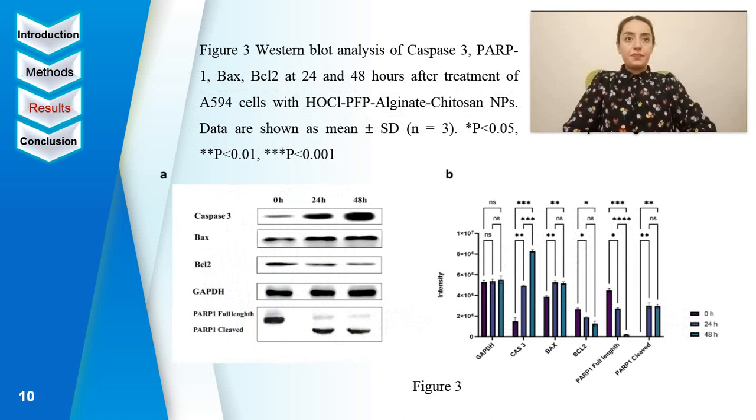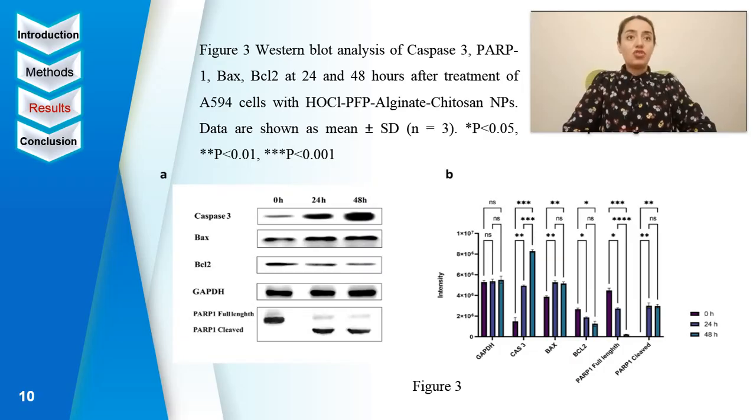Figure 3. Western blot analysis of caspase 3, PARP-1, BAX, BCL2 at 24 and 48 hours after treatment of A549 cells with HOCl PFP alginate chitosan NPs.